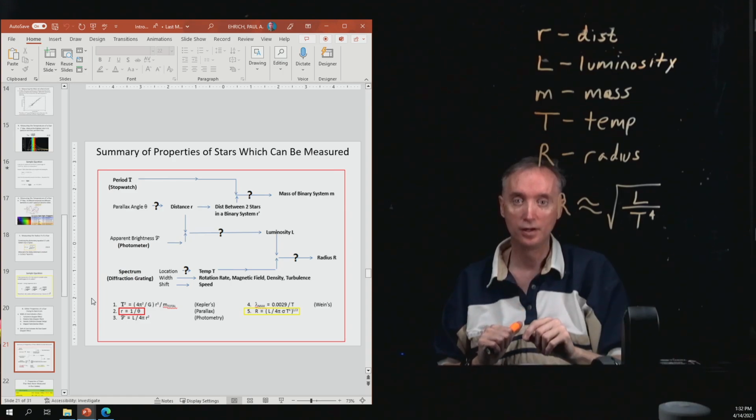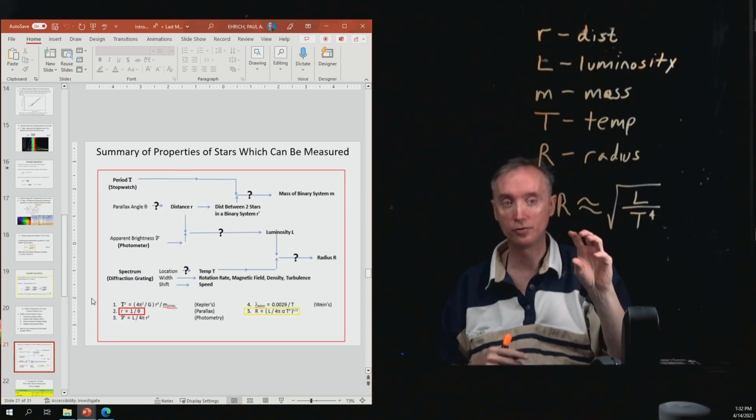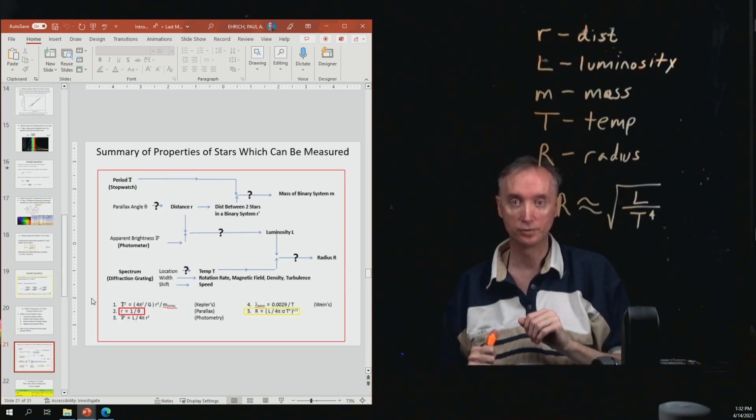Then you are also able to measure its parallax angle. You are able to put a photometer on your telescope, so you know what the F is. You are able to put a diffraction grating on your telescope, so you are able to measure its spectrum. So that's the raw information that you start with.